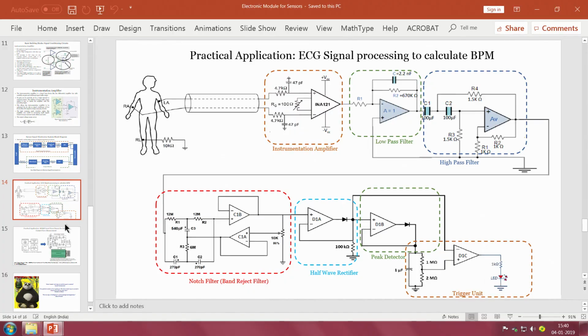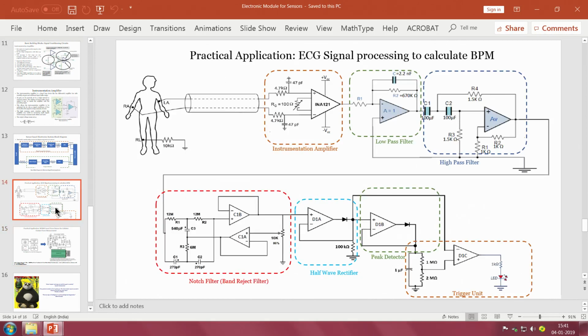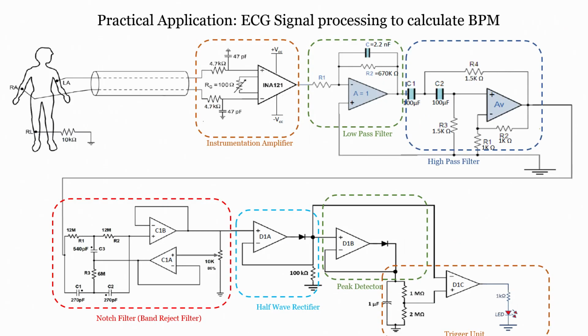One is how we can design a force sensing unit, and what kind of signal conditioning circuit we have to use to understand the force from the catheter. We will see that in the next module, but for this module just understand that if you know each block in detail, you can integrate those blocks and use them for practical applications such as ECG, right.